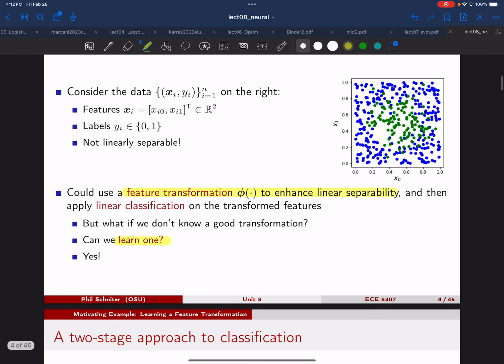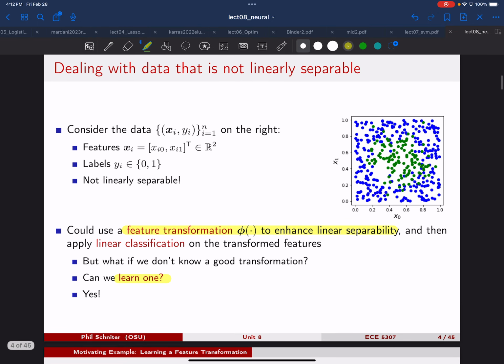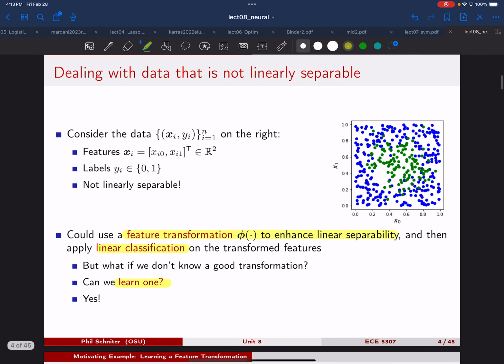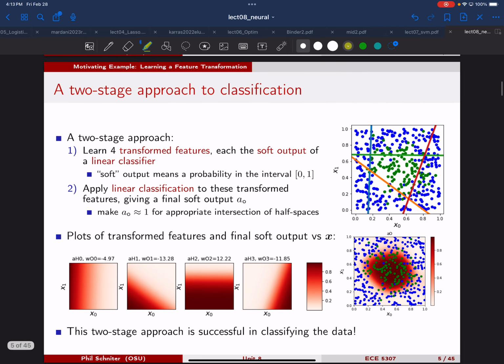The second part is that we're going to learn that feature transformation, and then based on those transformed features, we're just going to do linear classification, same as we've been talking about for the last few units.